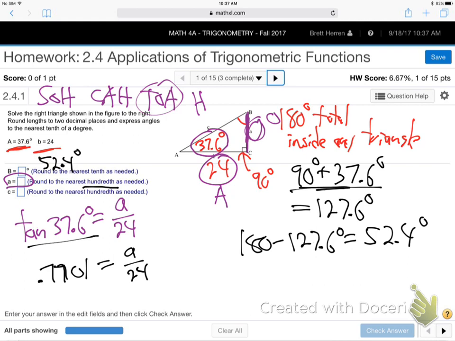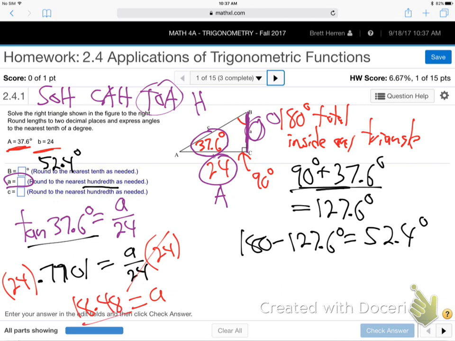How do you solve for little a? Multiply by 24 on both sides. Boom. Little a equals, what is it? Somebody got it? 24 times 0.7701? 18.48.